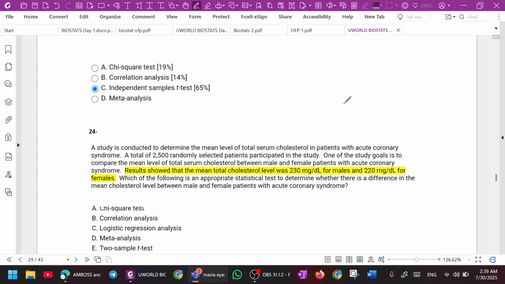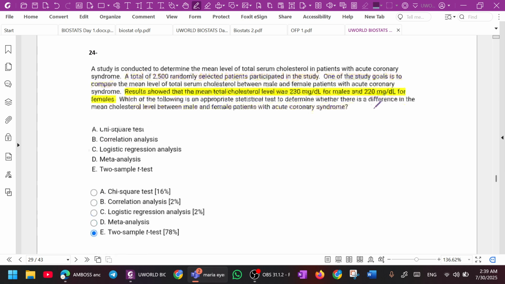So you are left with chi-square and t-test. Which one do you think it is? They are comparing the mean, so it may be t-test. Why is it not chi-square? They are not categorizing anything.